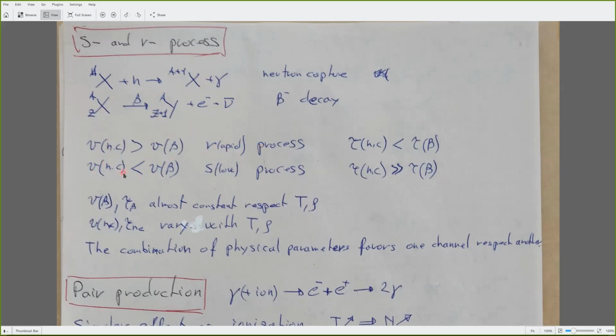Instead, if the neutron capture is not so fast, so the beta decay happens quicker, you have what is called the slow process. This means that the rise of the mass number is slower than how fast the neutrons manage to decay.